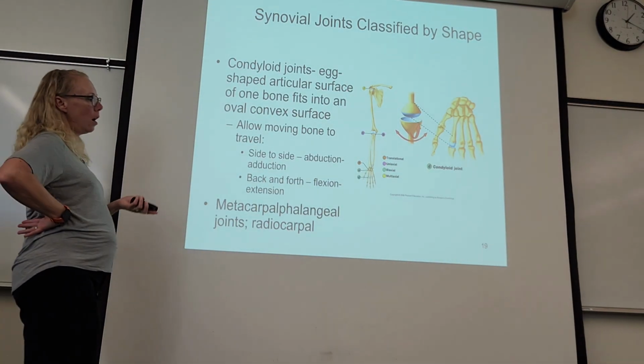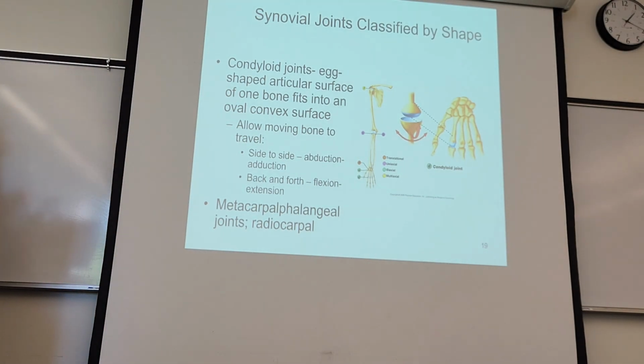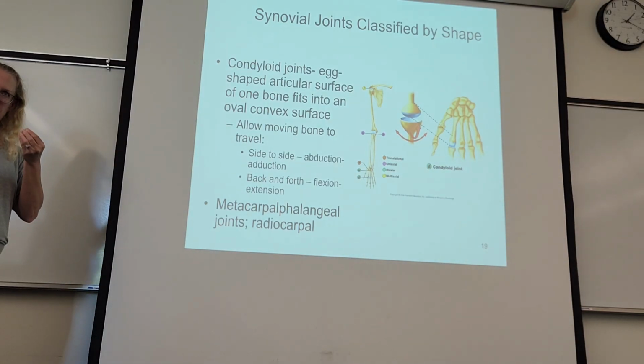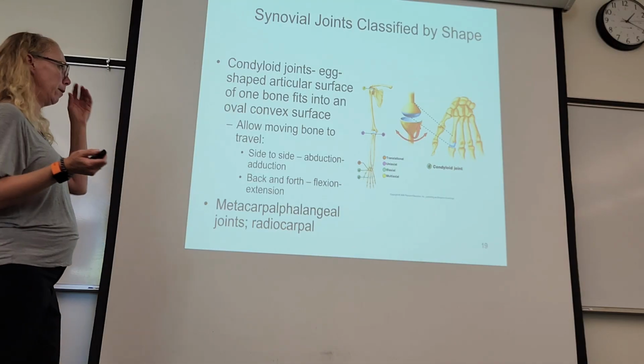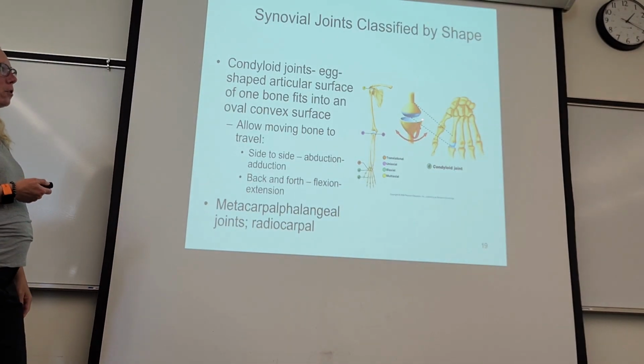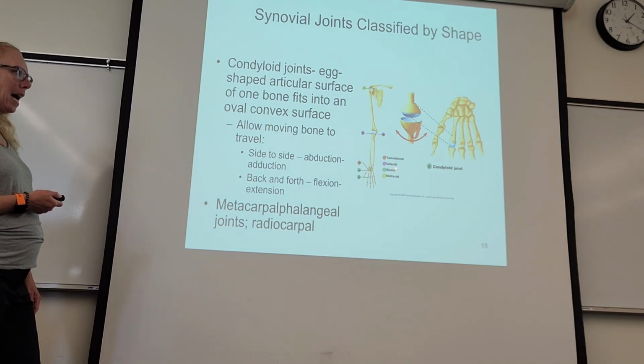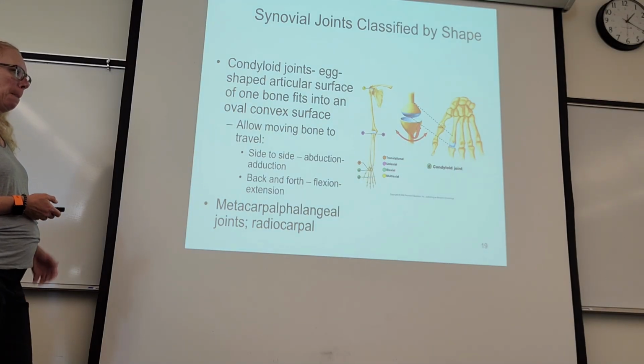Okay, so a condyloid joint is kind of like the rounded end of a bone with a depressed end of another bone, okay? Because we know that a condyle is a rounded end of the bone, right? Medial condyle, lateral condyle of the femur, things like that, humerus, all that stuff. Okay, so when you have this type of scenario, it's going to give you a biaxial type of movement, okay?